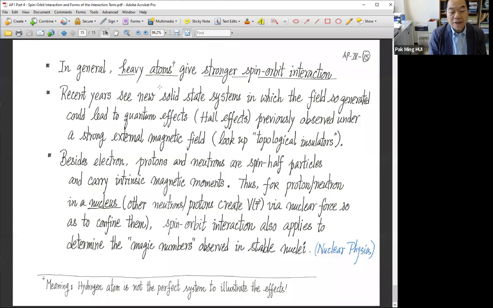But the final remark is that we will also have spin-orbit interaction even in the nucleus. Okay? Now, a nucleus is composed of proton, neutron. Both protons and neutrons are fermions, spin half. Okay? And even if we don't think about the electrons, just inside the nucleus, we again have a quantum mechanics problem. Okay? Can we think about it something like this?